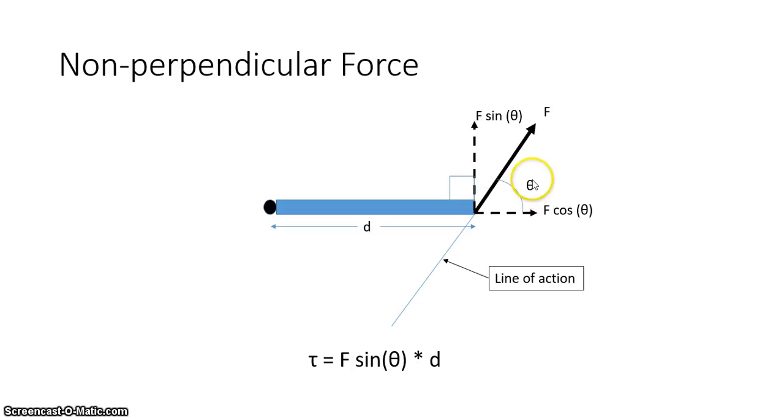We found the angle theta from the x component, and that x component has to be in line with the moment arm. That's where we get the theta from. The y component itself would be perpendicular to that moment arm. We would then take that y component of the force and multiply it by the moment arm, which gives us our tau.